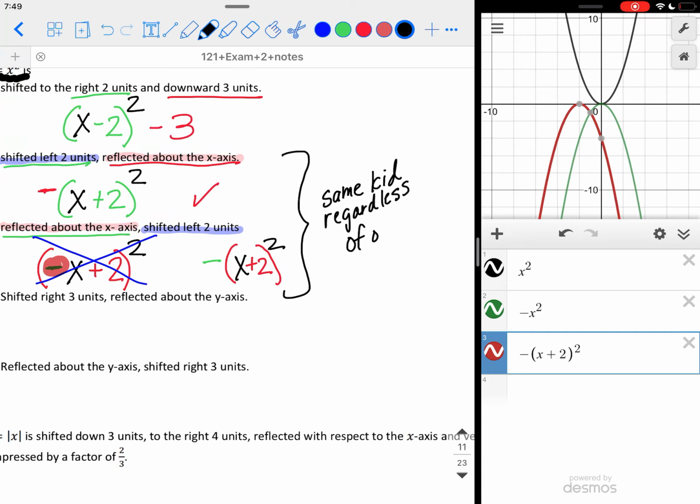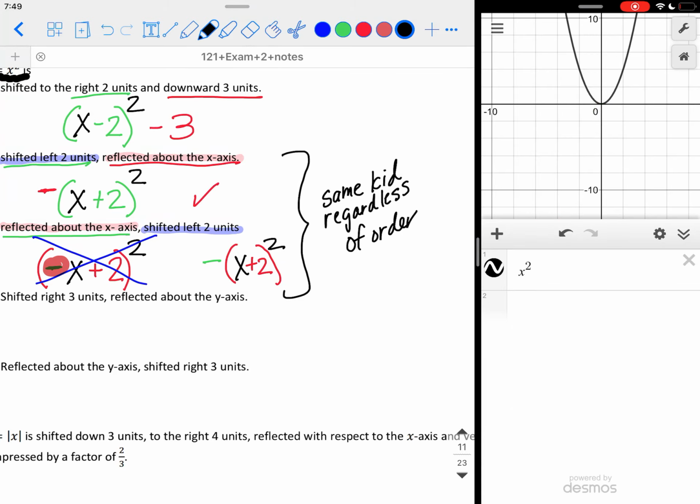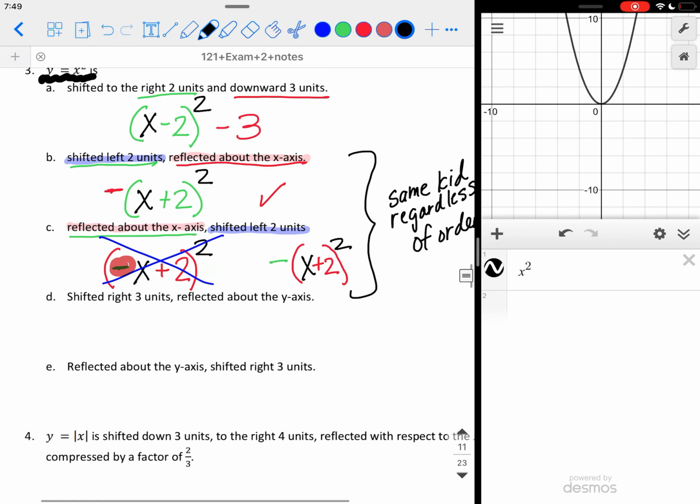So here we go. Let's get rid of these. Now the next one: shift it to the right 3 units. So again, the process: we start off with the parent. Shift it to the right 3 units means that we want a set of parentheses, and to the right is going to be a -3.